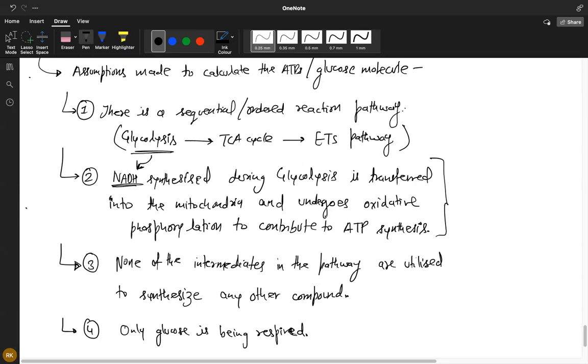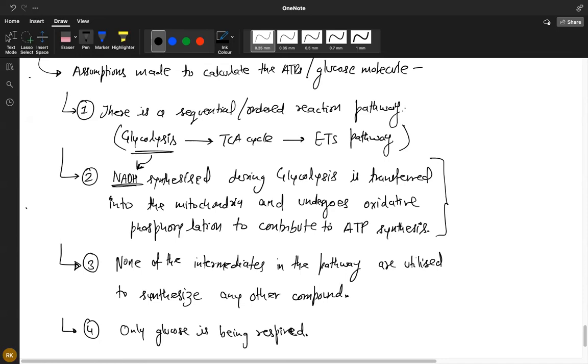Because if in our body we already have fructose 1,6 bisphosphate, it can just enter the glycolytic pathway by jumping the queue, right? No need to convert glucose into glucose 6 phosphate and then into fructose 1,6 bisphosphate.